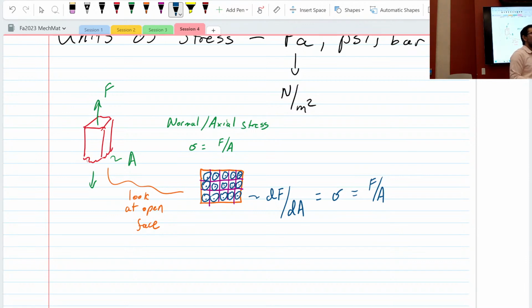Now, we will have the opportunity to look at different planes and come up with different ways of describing the stresses on these planes.